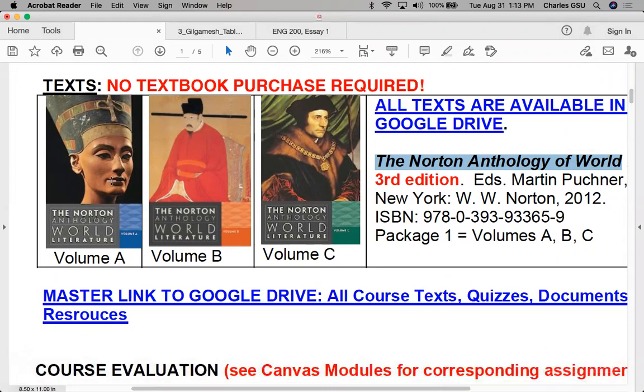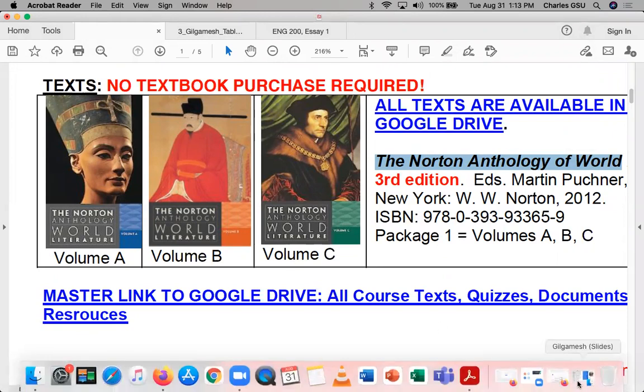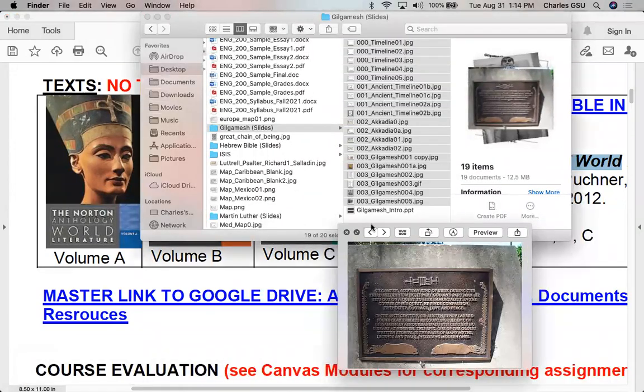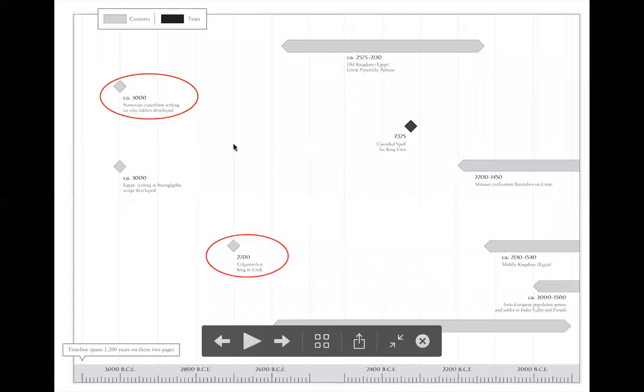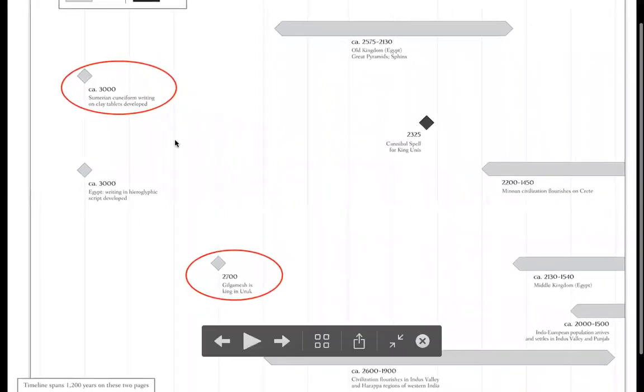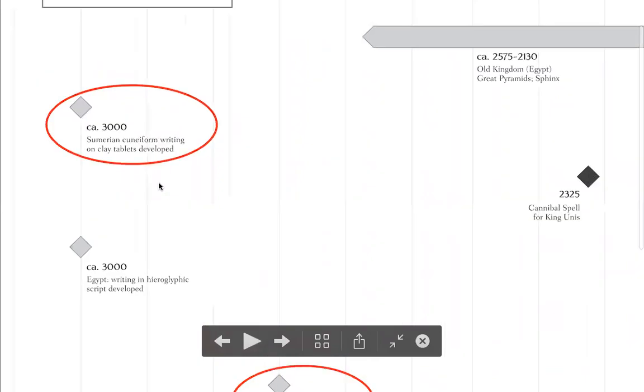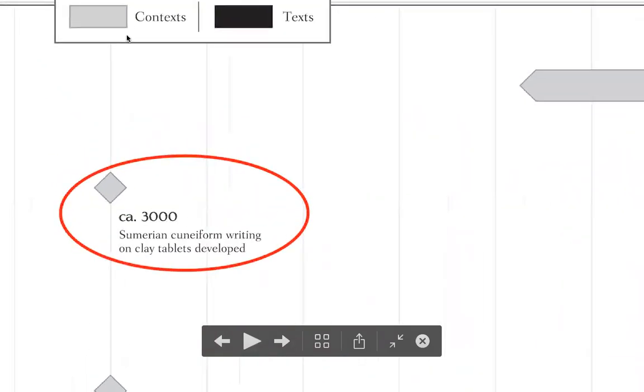But in the back of each of these volumes is a set of chronological tables. Whenever there is something here in gray, it's historical context, and something in black is an actual text.